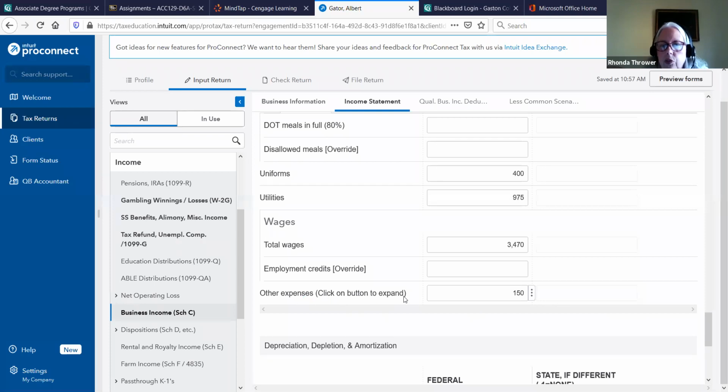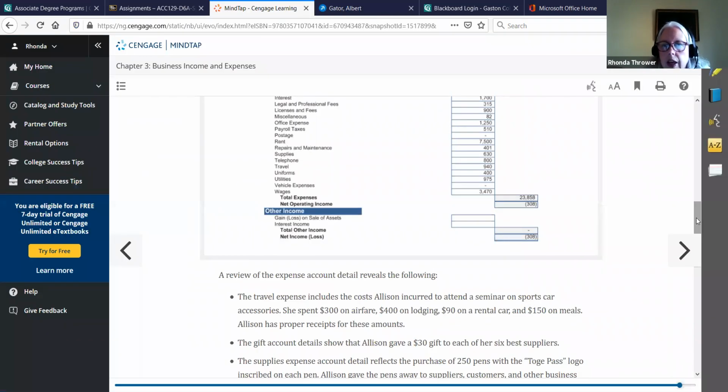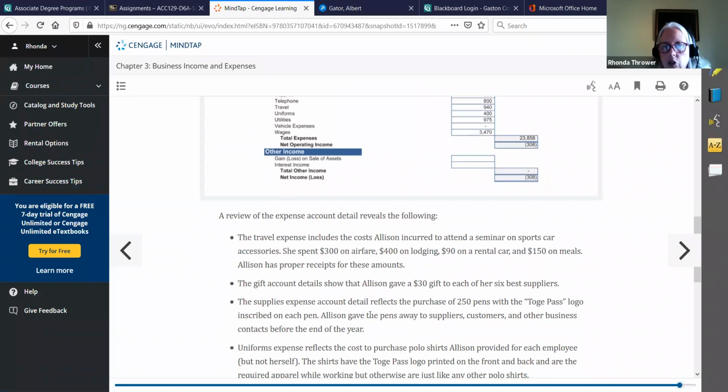And then there's a place for other expenses. And this is where I recorded the business gifts. You remember that they gave you in your instructions that the business gifts, they had it up here, were 180. And then they had additional information about those gifts.